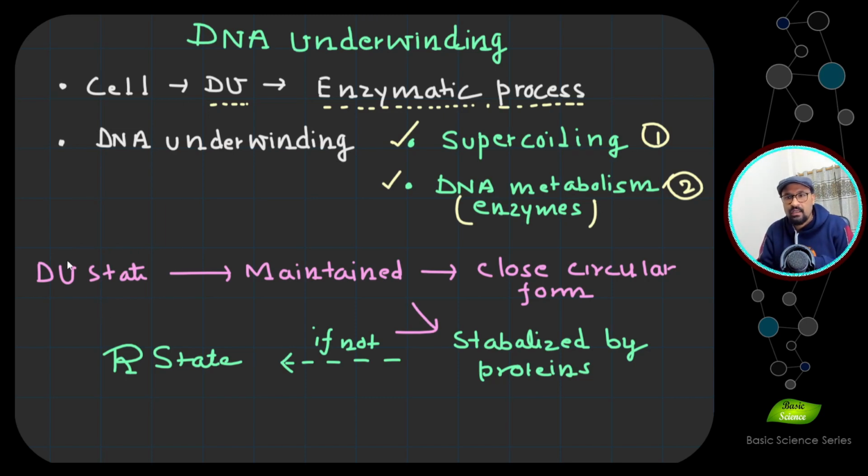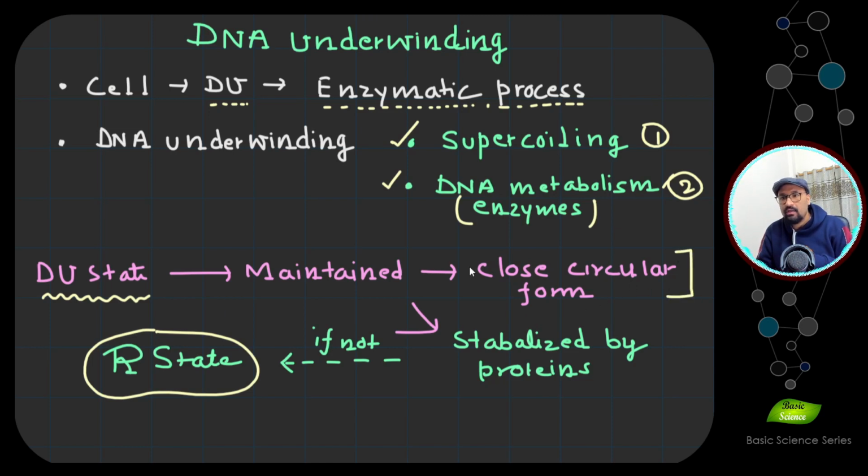Next, as you can see here, in case of the DNA underwinding state, it needs to be maintained. Otherwise, what will happen? It will again revert back to the relaxed state, which is basically not the closed circular form, which is the relaxed circular form.